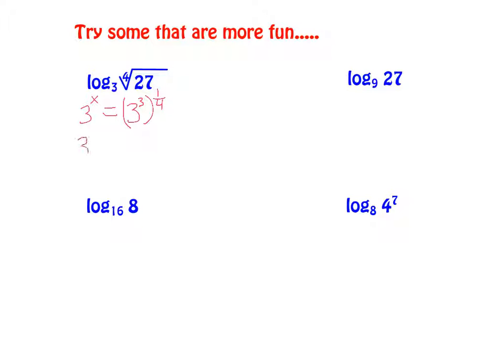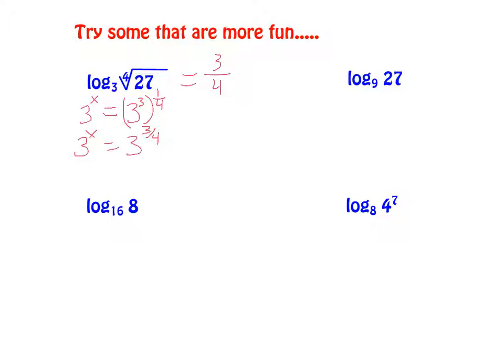What ends up happening here, when you do a power to a power, that's 3 to the 3/4. Oh, okay. So what my logarithm needs to equal, over here, would equal 3/4. The fourth is going to be the fourth root part of it. The 3 is the cubing part of it. That logarithm just equals 3/4.